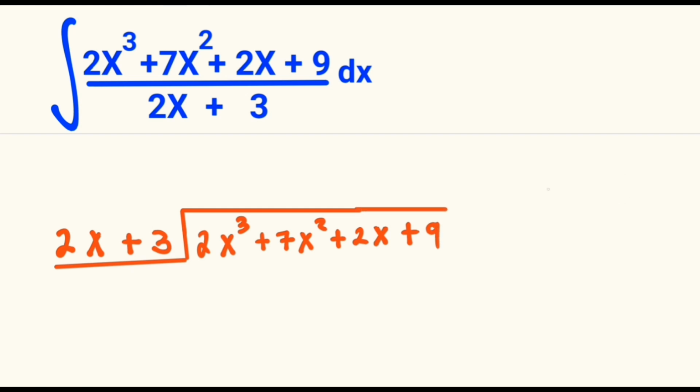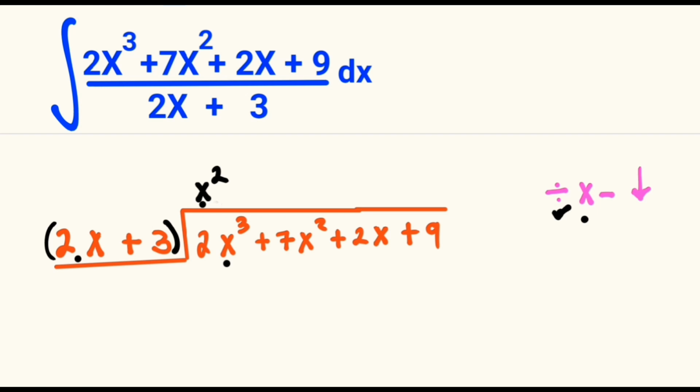We can have this map by the side, where we start with the division, the multiplication, the minus, and the drop down. We start by dividing, so 2x cubed divided by 2x will be equal to x squared. And now that we divided, we focus on the multiplication, so we have this x squared multiplied by 2x plus 3.